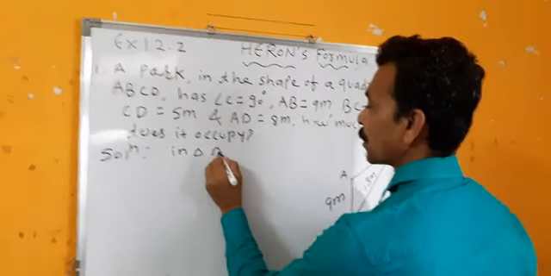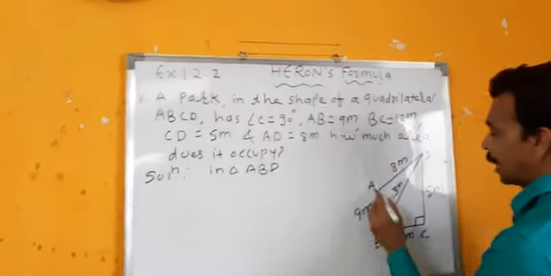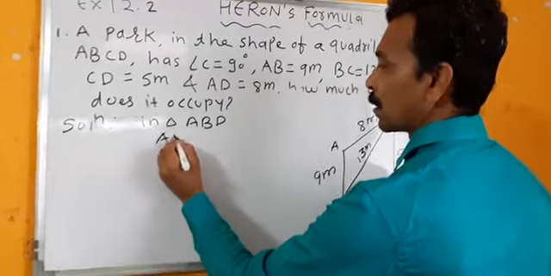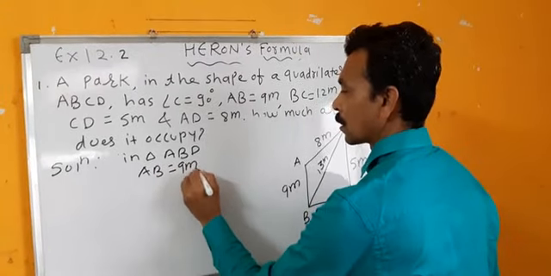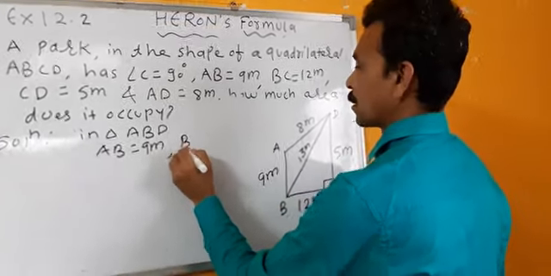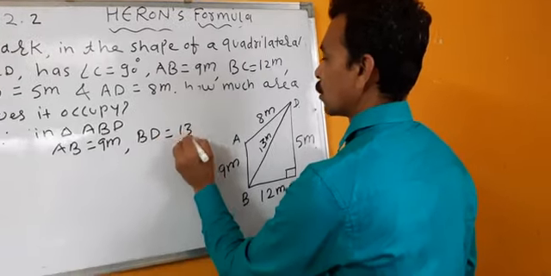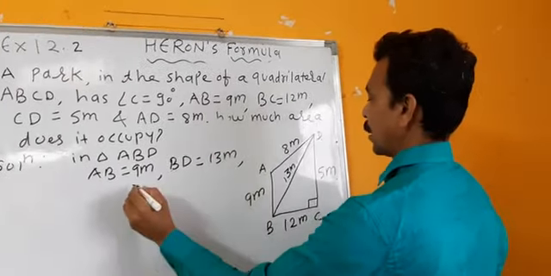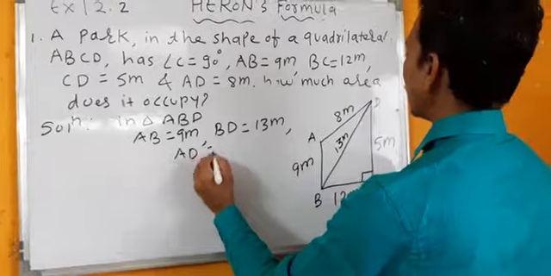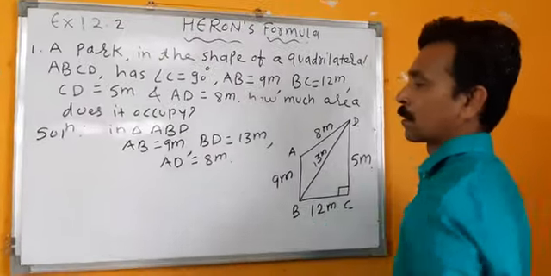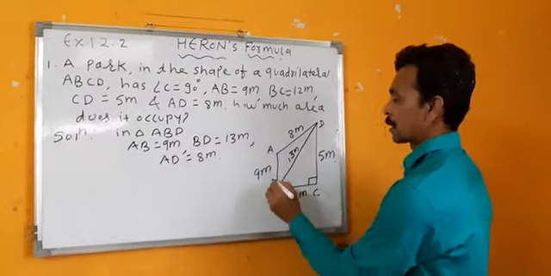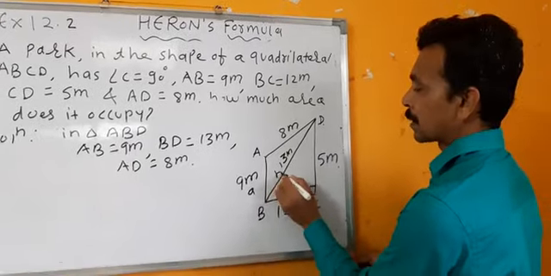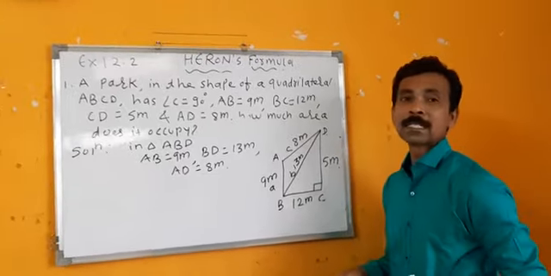In triangle ABD, AB is equal to 9 meter, BD is equal to 13 meter and AD is equal to 8 meter. AB is small a, BD is small b, and AD is small c.